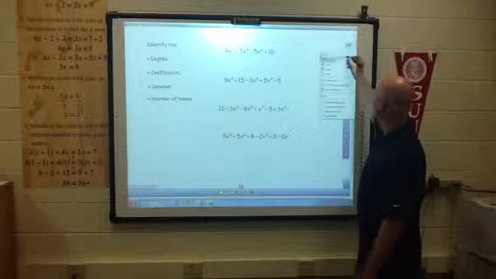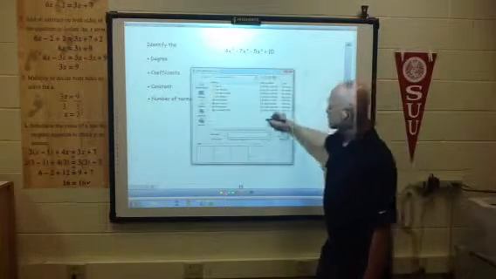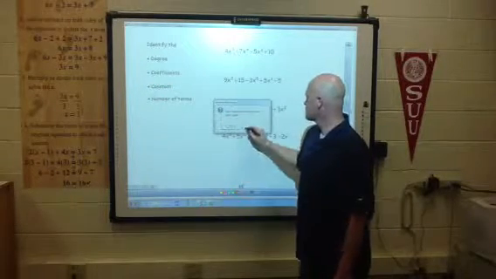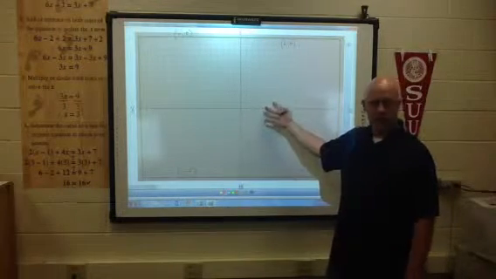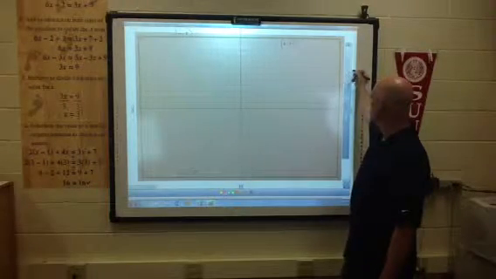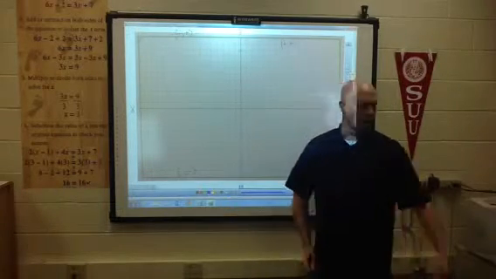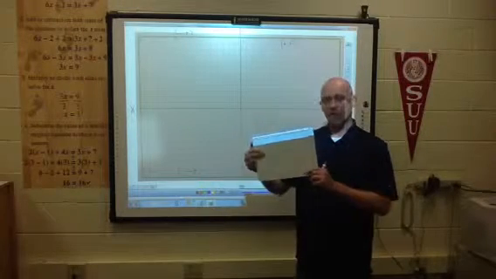Another one that I also like to use is the graph board itself. Here again, we're plotting points, and we have the X and Y axis put up there. My students have the same graph board that they're working on.